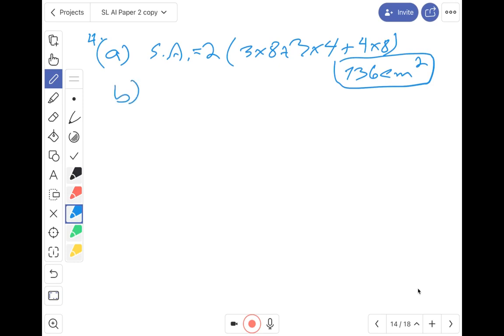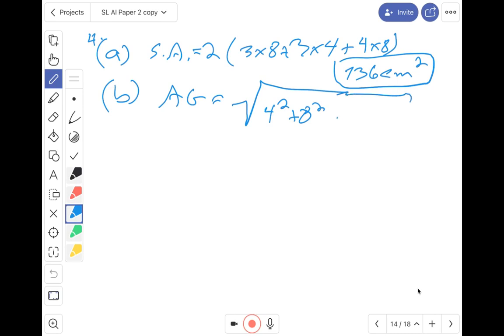The 3D Pythagoras, we want to find the diagonal of the bottom. Okay, this is AG. The diagonal of the bottom is 4 by 8, so that's going to be the square root of 4 squared plus 8 squared. And then we're going to square that, which is the same thing as taking the square root and squaring it.